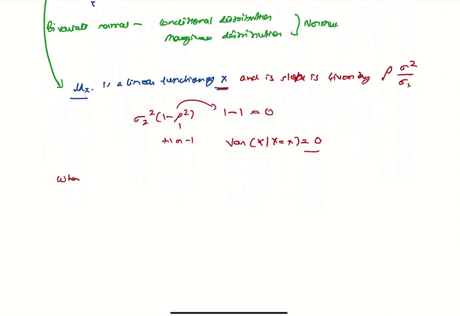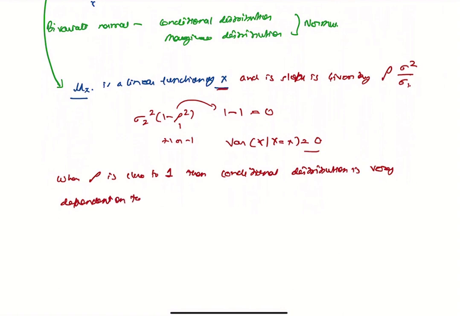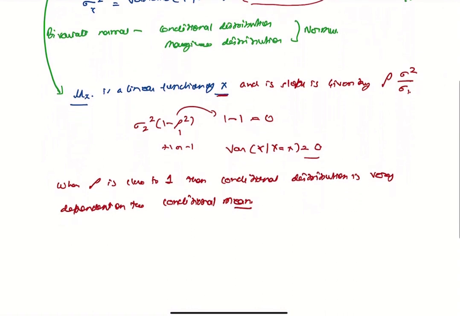When rho is close to 1, the conditional distribution is very dependent on the conditional mean, in which case these things are very closely related.